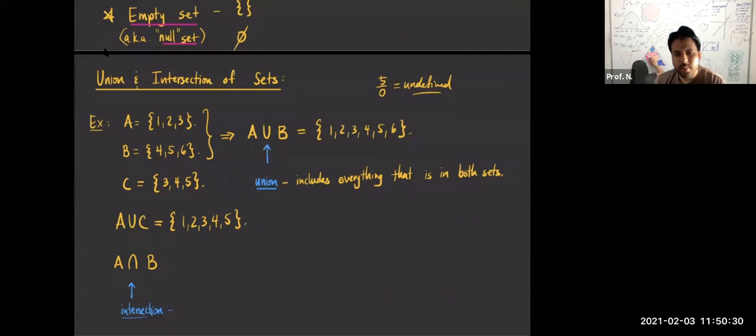David says red pills, blue pills. That's the union, but what's the intersection? The intersection includes only what they have in common. Yeah, that's right. So what's the common thing between A and B?